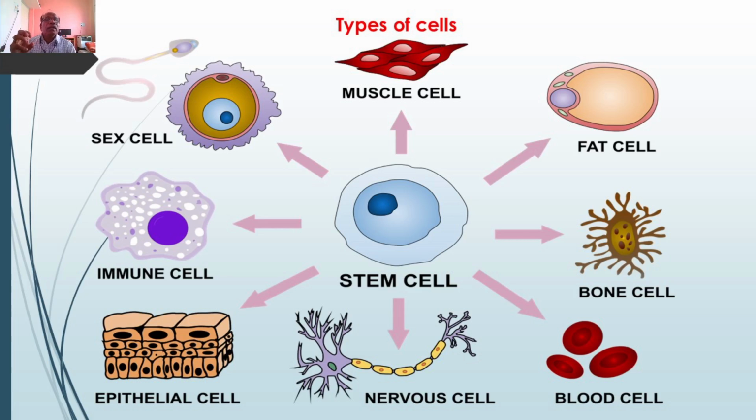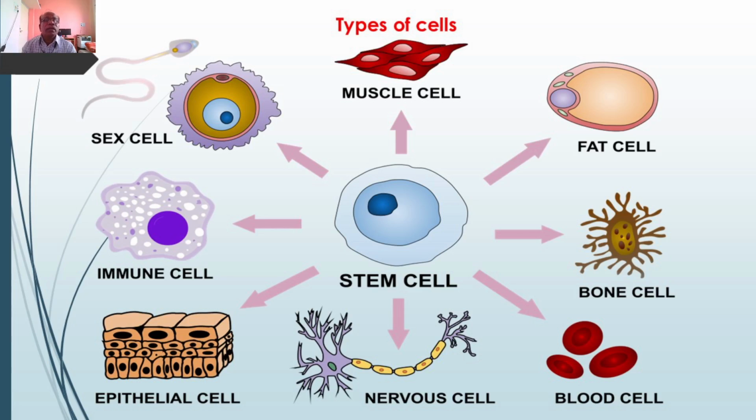We know the fat cell. These are the cells mainly responsible for the deposition or storage of fats, forming the adipose tissue, which mainly contains lipids or fats as a reserve food material. Then bone cells.